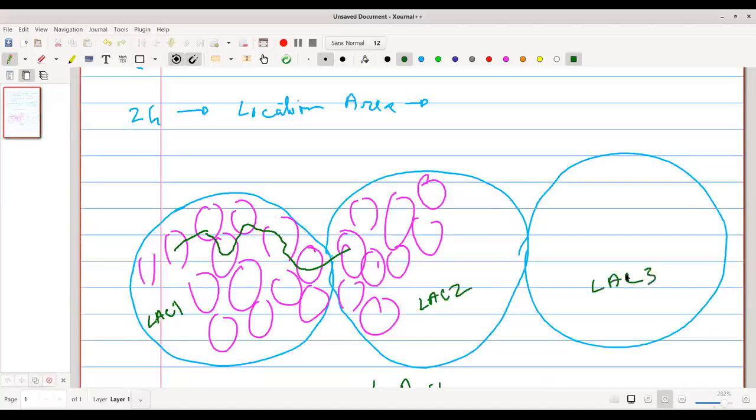And these location area codes are broadcast in system information messages. System information messages carry some common setup information from the network, and the network broadcasts them.